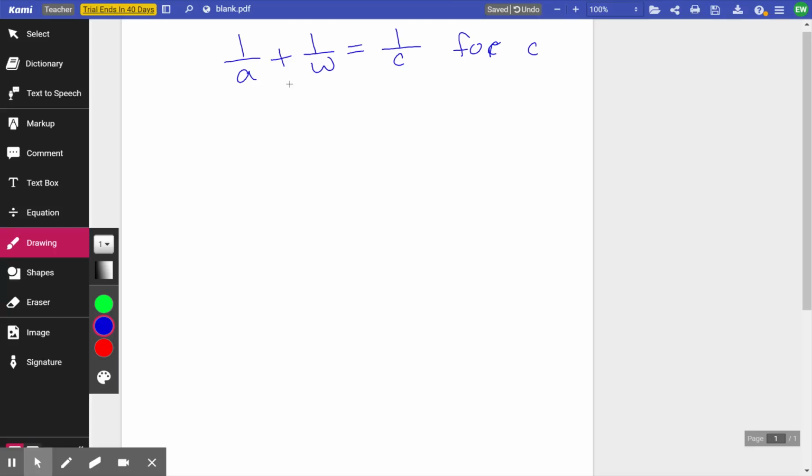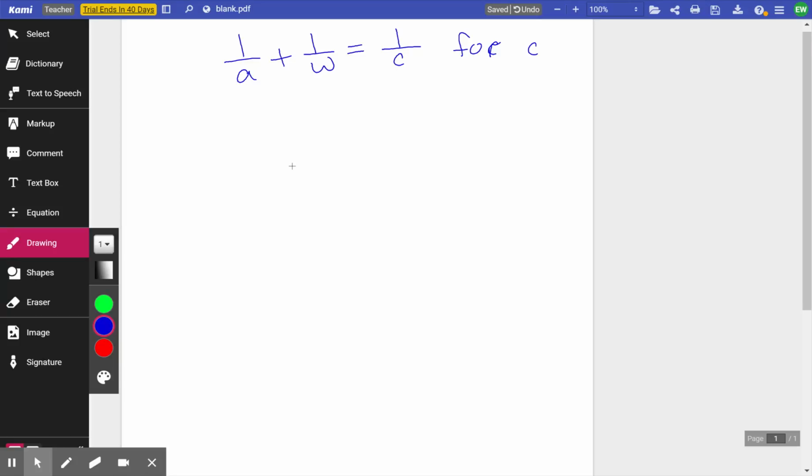So if I were to ask you what the least common denominator is between A, W, and C, you could basically multiply these.